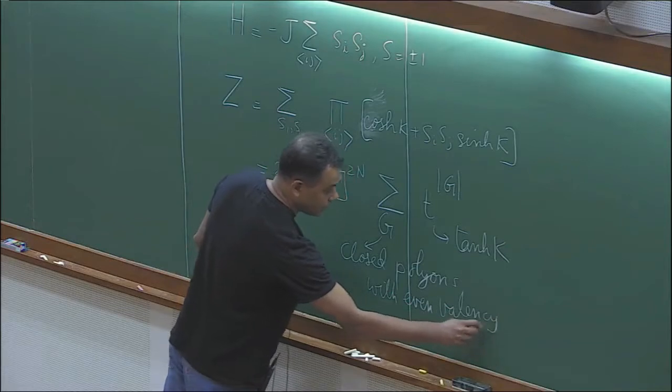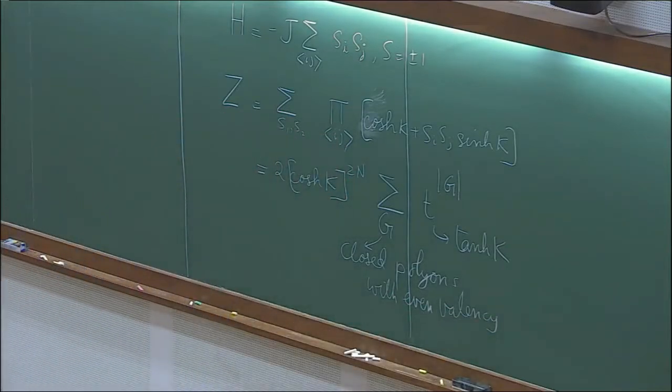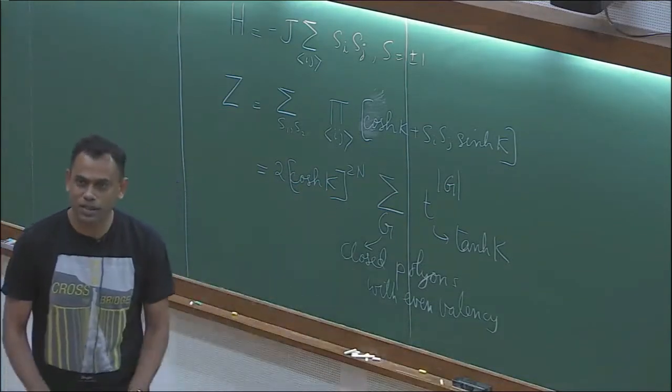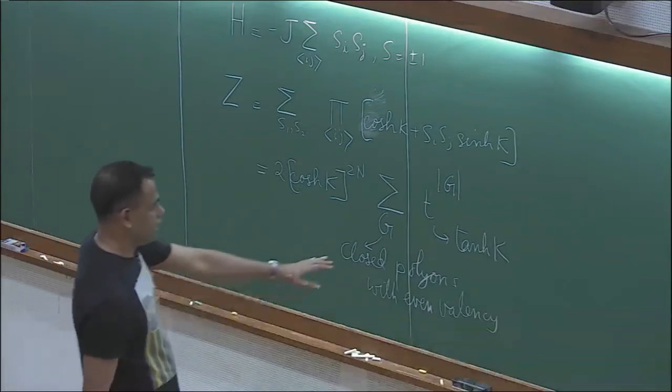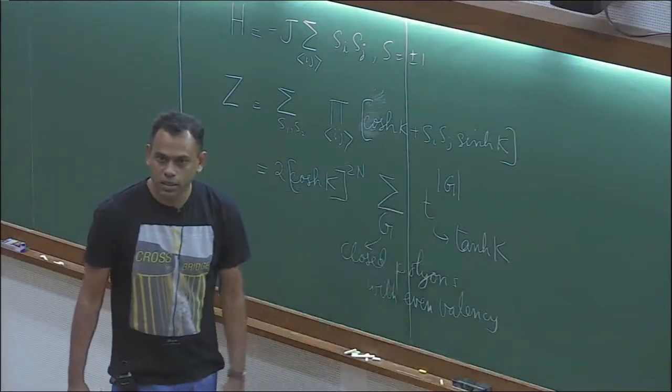So each site should have 0, 2 or 4 bonds passing out of that. This particular derivation we have done several times. So this is our starting point. We'd like to evaluate this particular expansion, the sum of all possible graphs, t to the power mod g.